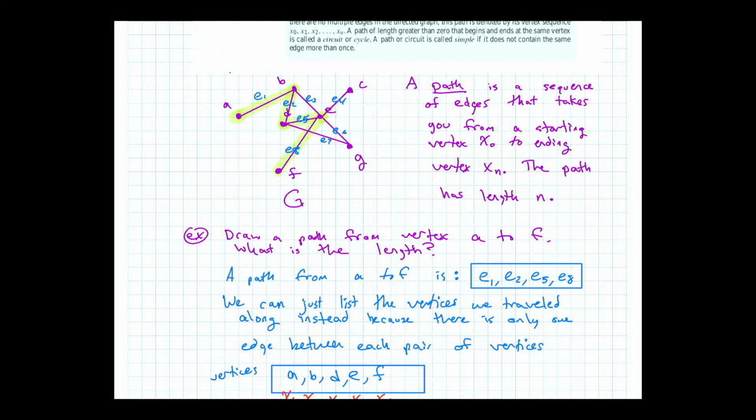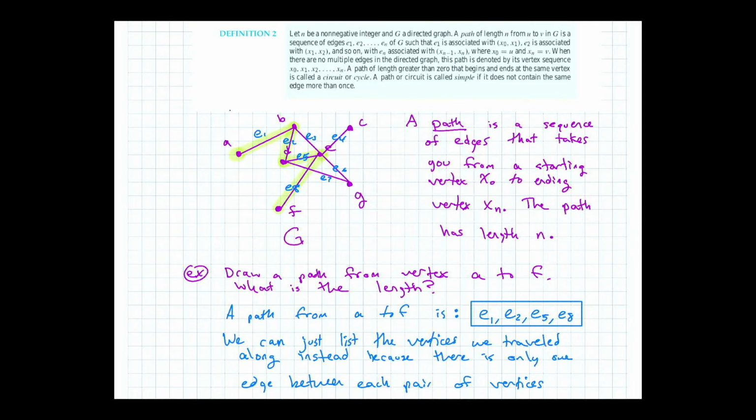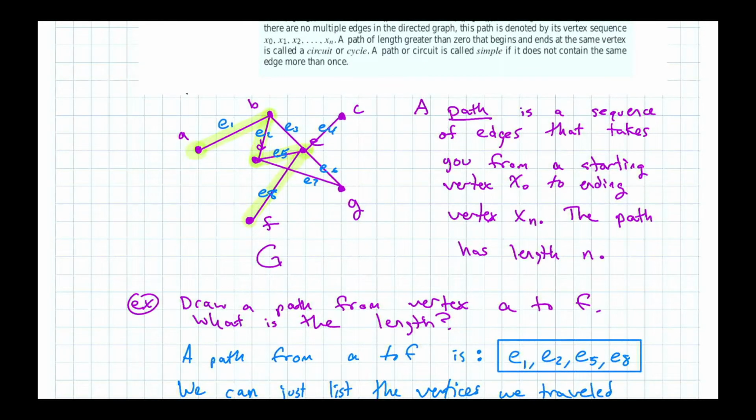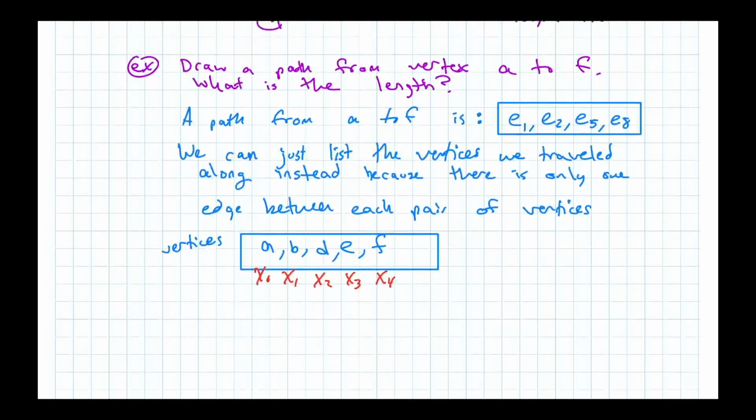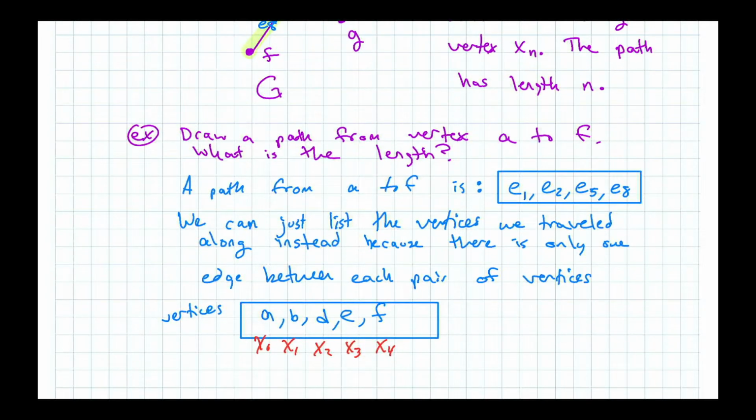Okay, I should even have said that up here. So a sequence of n edges that takes you from starting vertex x0 to ending vertex xn, the path has length n. That's why I added this second question here, just to make that clear.